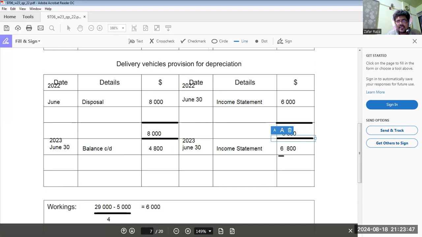Okay. Again, this is closed. And we have to write for balance BD. All my beloved students, please don't forget to write balance July 1st, balance BD $4,800. Getting my point clear? Okay.